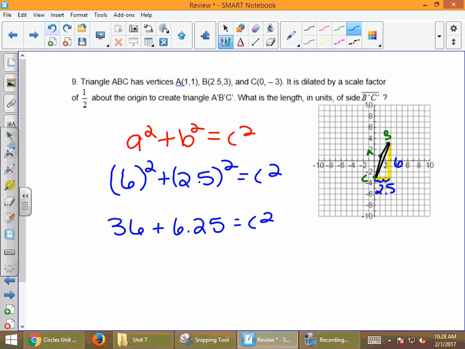When we do that? 42.25. What do we have to do to both sides? So what's the square root of 42.25? 6.5. So that's the length of the current BC.